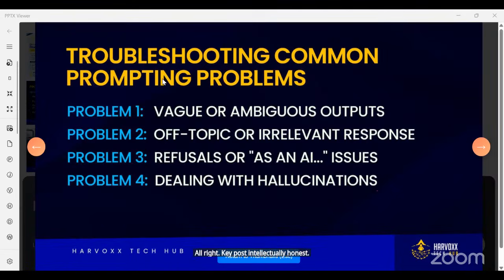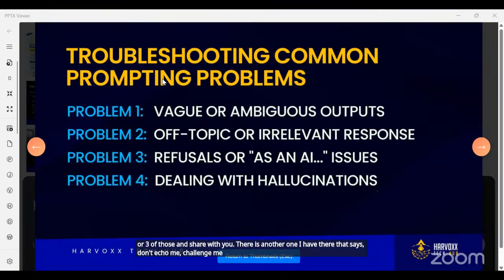That is me trying as much as I can to get the best out of my AI. Like I said, I will copy one or two or three of those and share with you. There is another one I have that says, don't echo me, challenge me. Every time I present a concept, examine the foundations. Am I assuming too much?